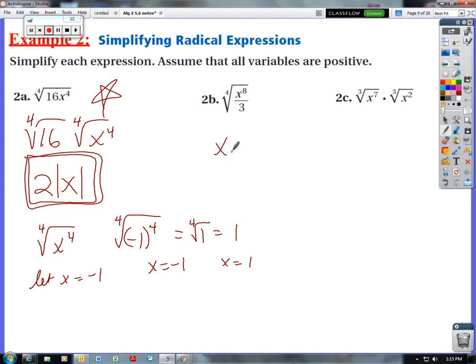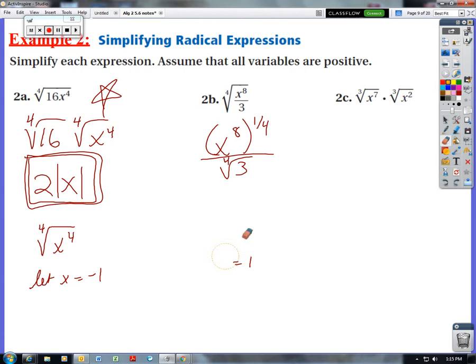Okay, this one, x to the 8th. I like to write it like this. To start with, I'm going through these kind of quickly so as not to spend too much of your time here. And then you're going to get, that's 8/4, which is 2. And then down here, we need 4 of these total.